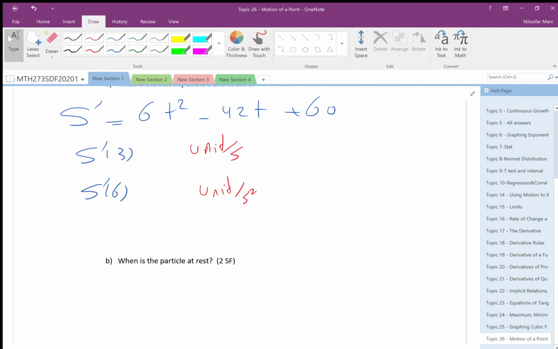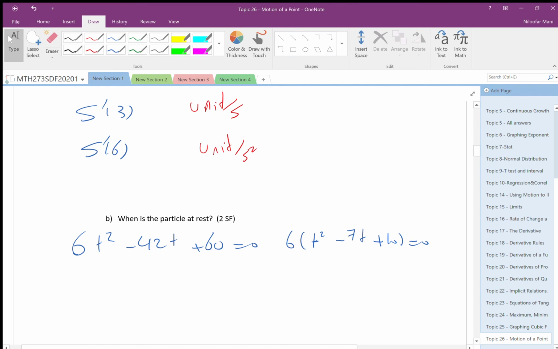So I have to see 6t squared minus 42t plus 60 equals 0. And I factor 6. It's t squared minus 7t plus 10 equals 0.